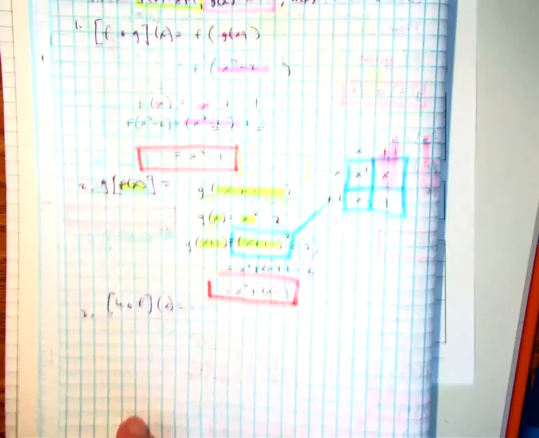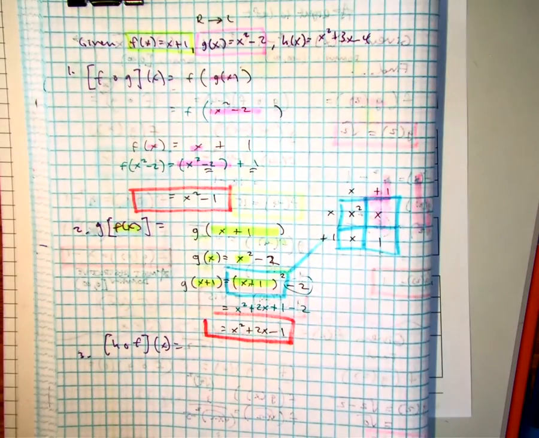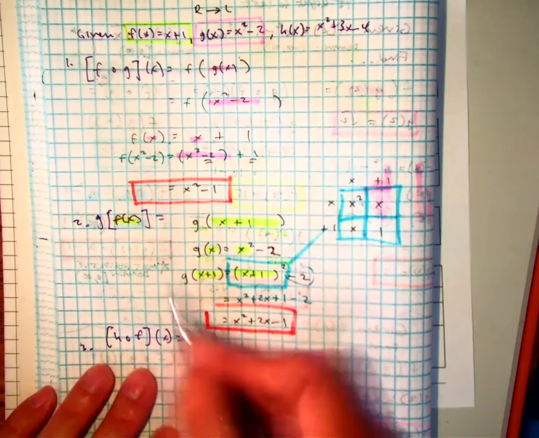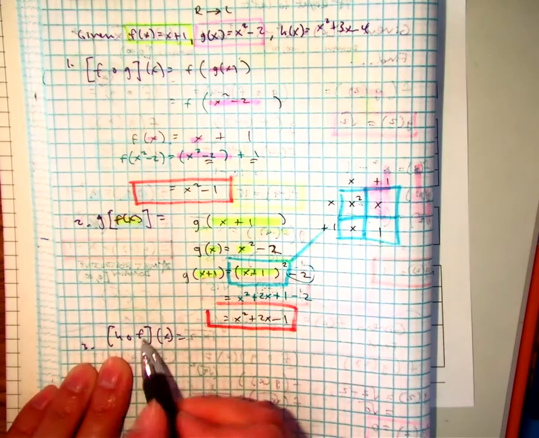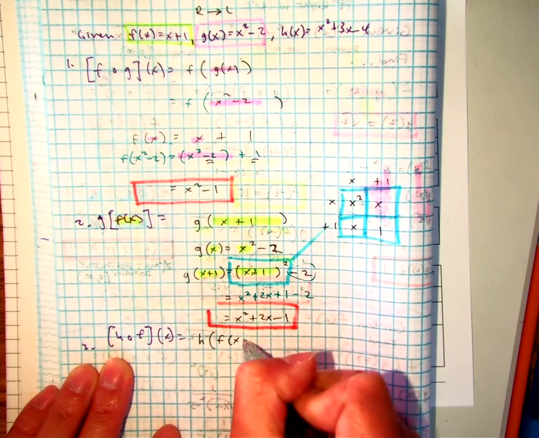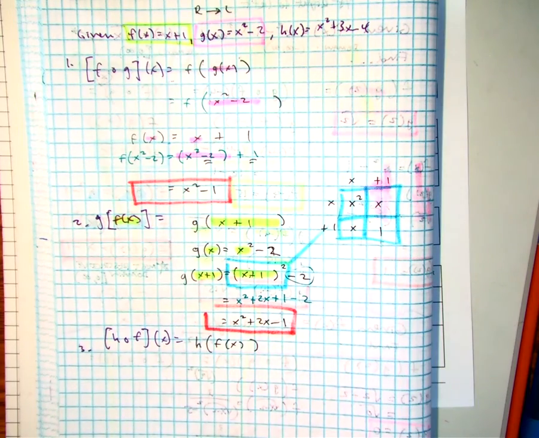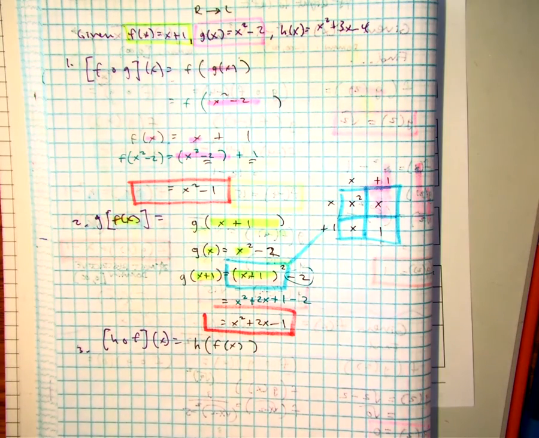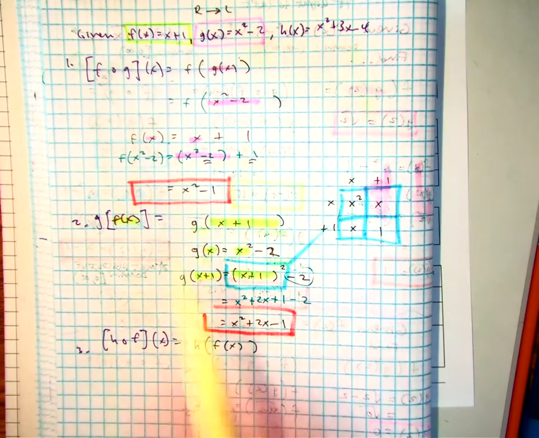And let's do the last one. I'm going to rewrite this. It says h of f. So h is on the outside. f of x is on the inside. f of x is our color yellow.